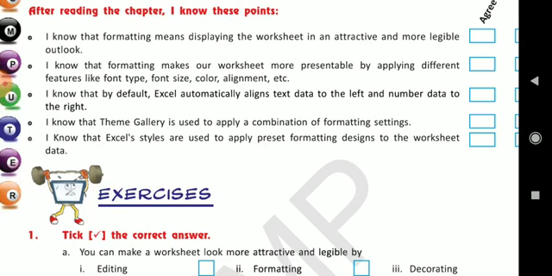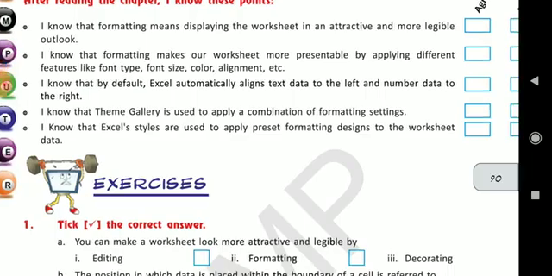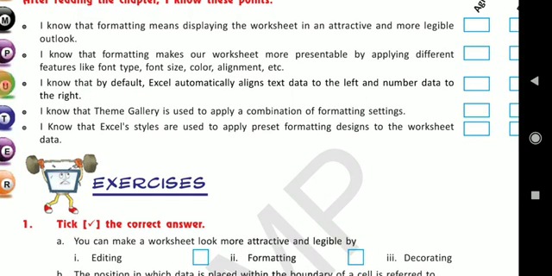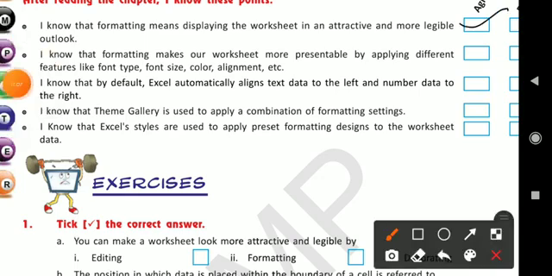I know that formatting makes our worksheet more presentable by applying different features like font type, font size, color, alignment, etc. And of course formatting makes our worksheet more presentable. It looks more attractive when you are keeping it in front of someone, because there are features like font type, font size, color, alignment, you can change the alignment also, the color also, the type and size also.